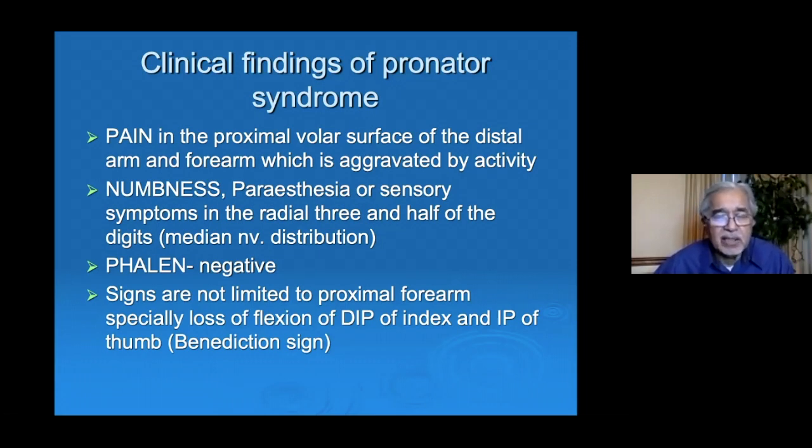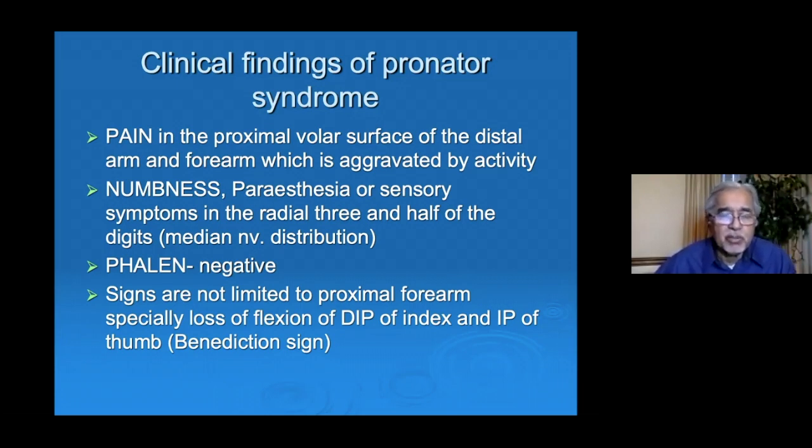Phalen sign at the wrist is negative, and signs are not limited to the proximal forearm. Loss of flexion of the DIP of the index and IP joint of the thumb, or benediction sign, is a sign of basically pronator syndrome, because the flexor pollicis longus and flexor digitorum profundus muscles are not functioning.